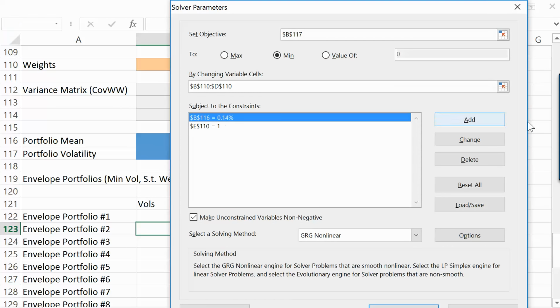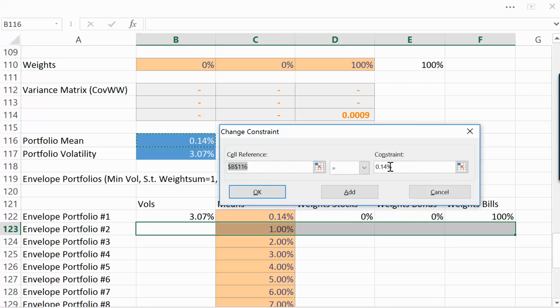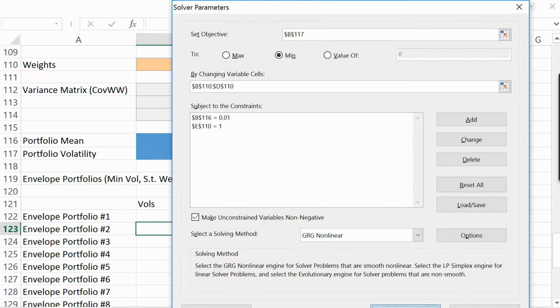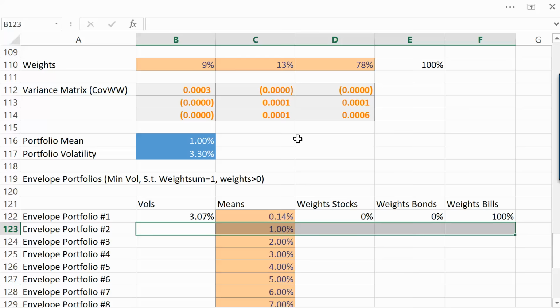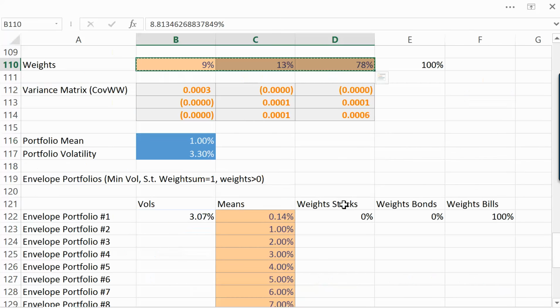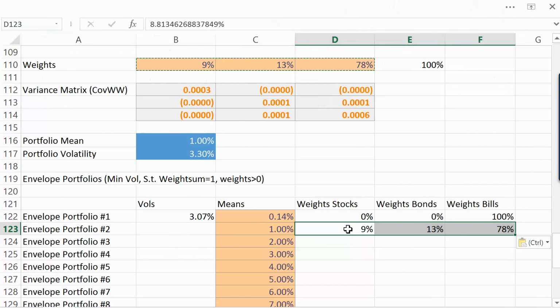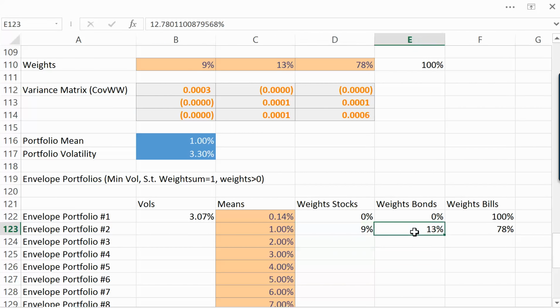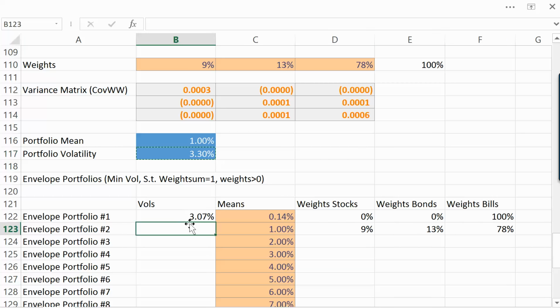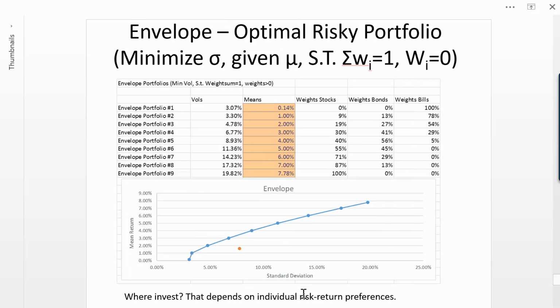I'll change this constraint to 1%. I'll rerun it. And my best 1% portfolio looks like 9% in stocks, 13% in bonds, and 78% in bills. And gives me a portfolio volatility of 330. And if I continue doing that, I would get these 9 portfolios.